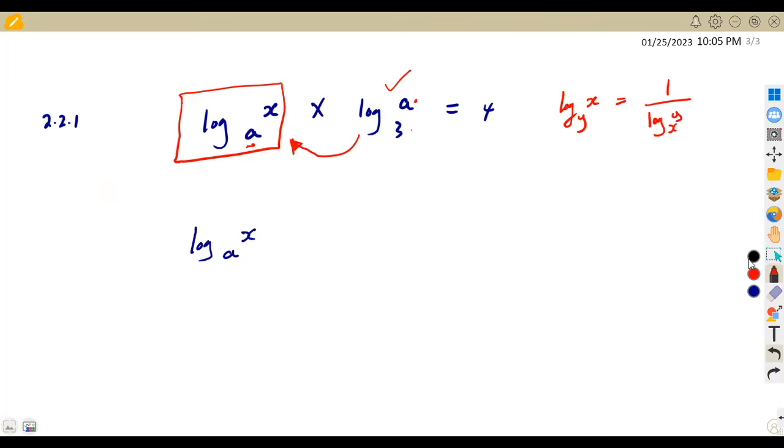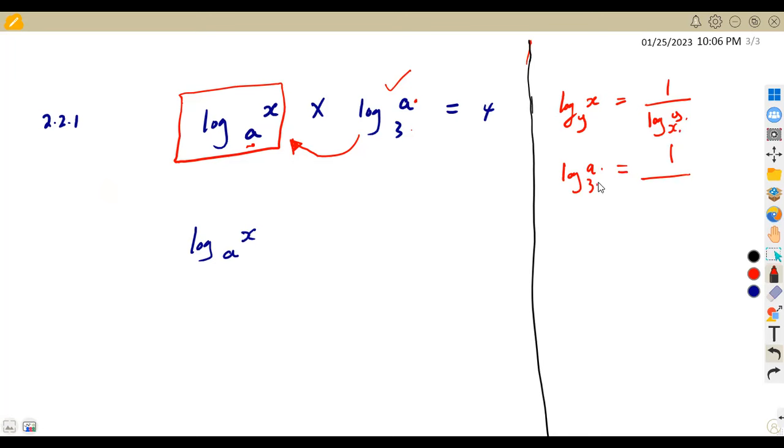Let me show you what I'm trying to say here. If we are to write the logarithm of a in base of 3 in this format, it is going to be 1 over, you interchange just like what we did on y.